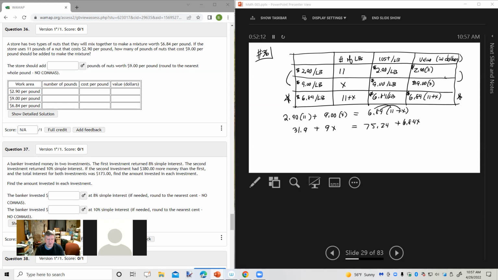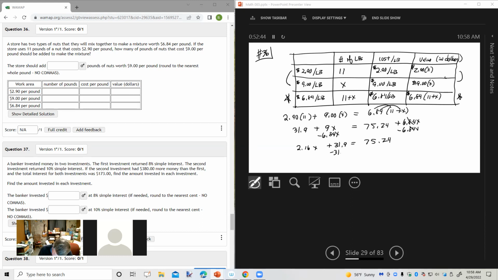Let's put all the X's on the left and all the constants on the right. So I'm going to subtract 6.84X from both sides. 9X minus 6.84X, 9 minus 6.84, we get 2.16X plus 31.9 equals 75.24.